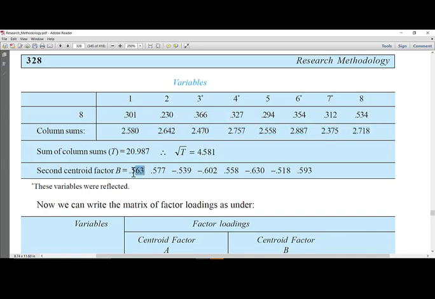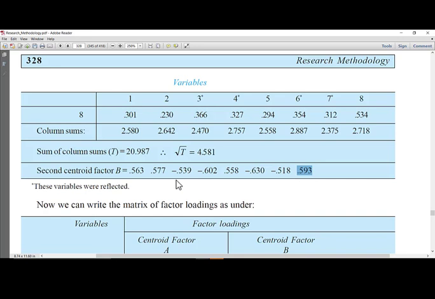That means this 0.563 is obtained from 2.580 divided by 4.581. This 0.577 is obtained from 2.642 divided by 4.581. That way it is done, and finally 2.718 divided by 4.581, that is 0.593.